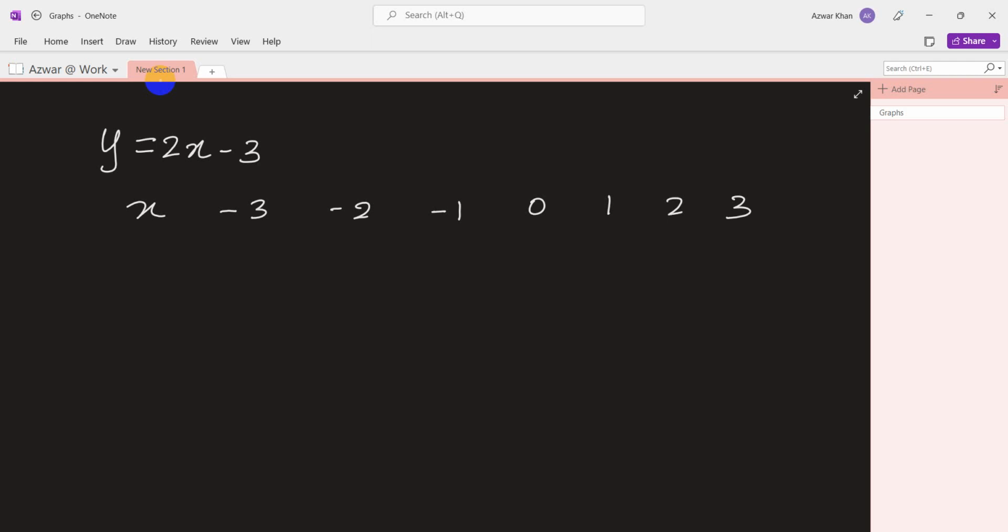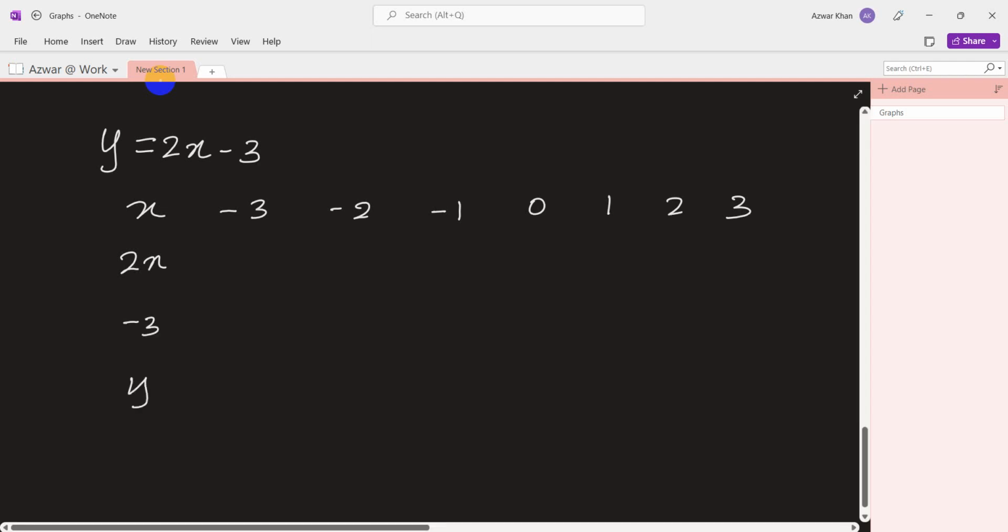When you look at the right side of this equation, which is 2x minus 3, whatever values I substitute for x, I can derive the value of y. So I write this equation 2x minus 3, so finally I can derive the corresponding y values.